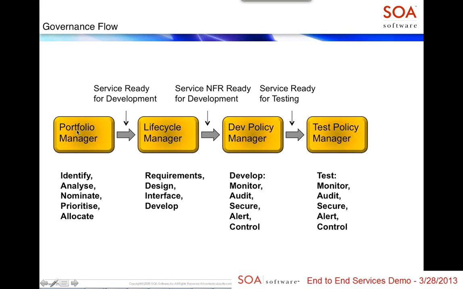There's Portfolio Manager, which has the workflow in there to manage the decision making of whether a service or another artifact will be produced or will be an extension, a new version, of an existing service. There is Lifecycle Manager, which is around the governance of the design and delivery of a service. And then once that's completed, it pushes over into our runtime governance product, which is Policy Manager.